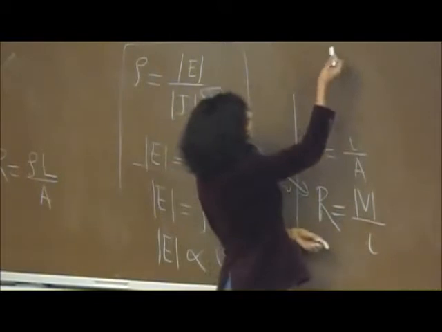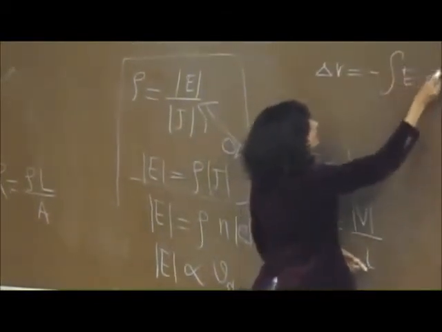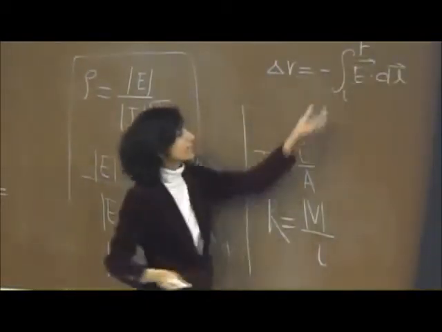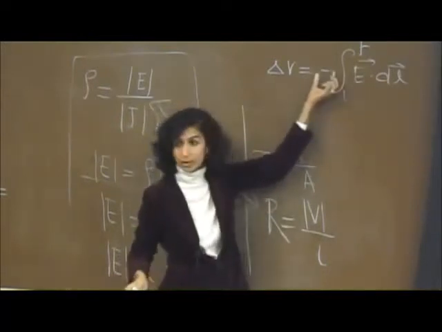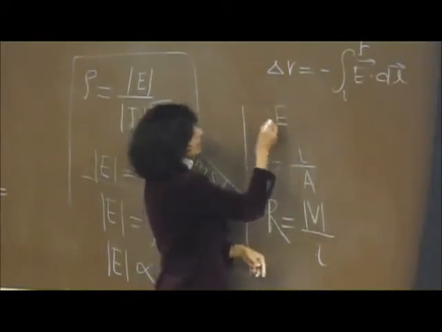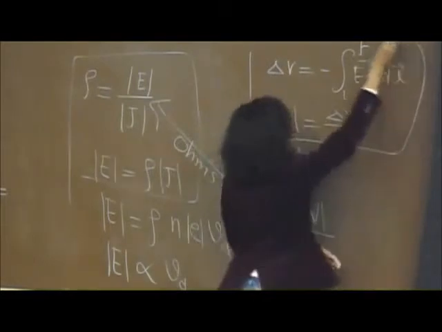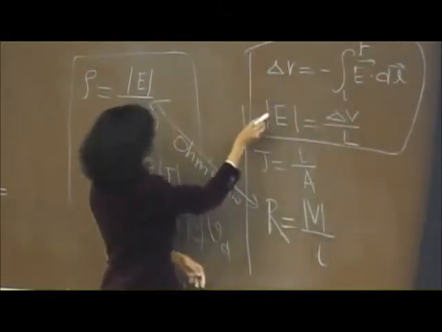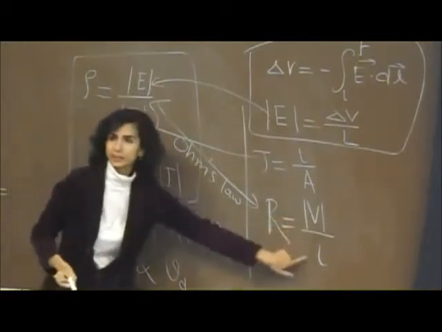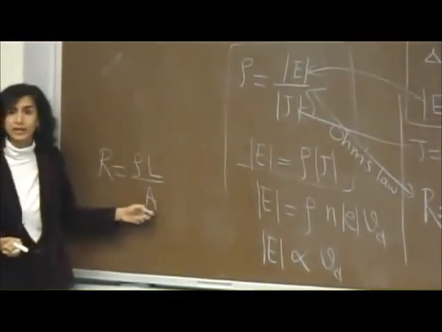Do you remember that we said that using this fact that delta V is equal to minus integral E dot dl from the initial to the final point, if the electric field is constant, we can pull it out, integral dl will just become L, and so then electric field magnitude just became delta V over L. Putting the value of E here, putting the value of J here, we were able to obtain this, right? And using this relation and using that R is equal to rho L over A.